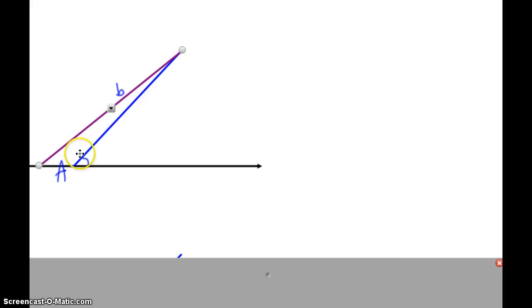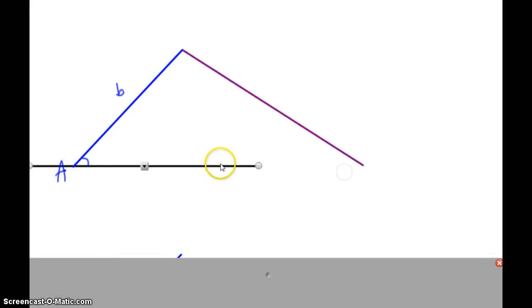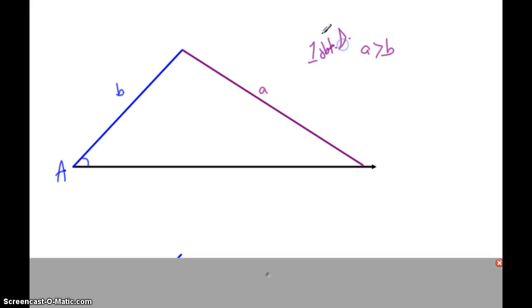Well, then I'm not using this angle A right here. Yeah, that's not in my triangle. So in that case, I can't swing it to the left. I can only swing it out to the right. Okay. So if by chance A happens to be greater than B, then I have only one obtuse triangle.